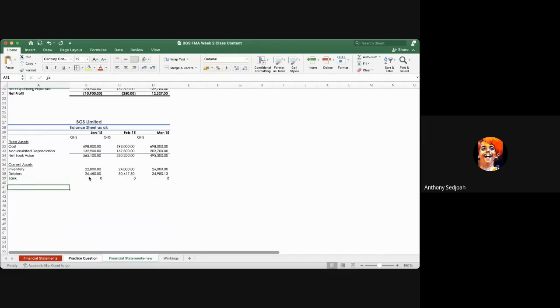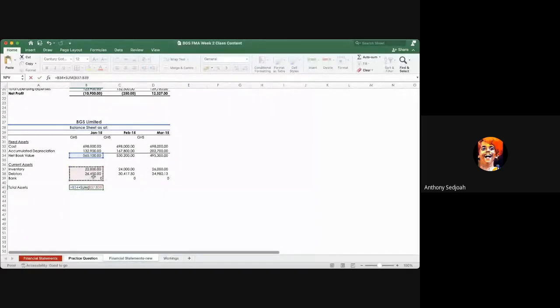So right now we have our fixed assets, we have our current assets too. So we can do total assets. But let me do total current assets first. Or let me ignore and go straight to total assets. Total assets will be the net book value plus all our current assets. So all our current assets, I'll use the sum function.